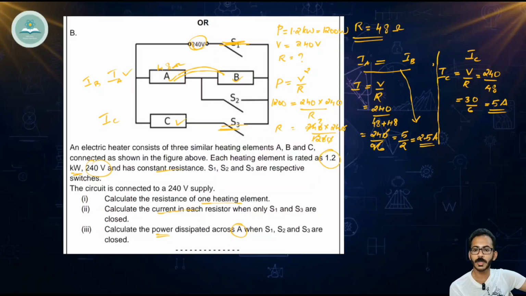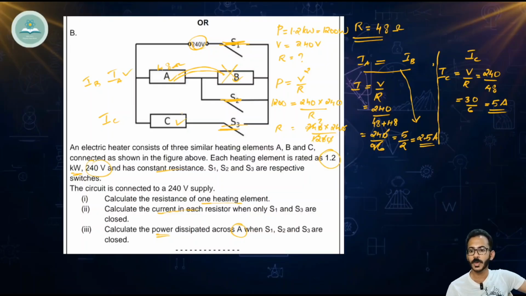They are closing S2 also. When they close S2, the current will flow through this part. The current will be flowing like this. It won't flow through this resistor because current always takes the easy path. So now this resistor is actually cancelled. This resistor is not there at all.